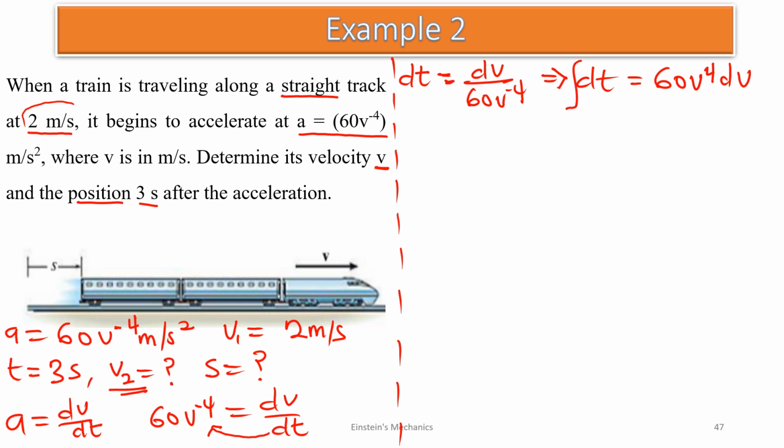Time is from 0 to t, and here velocity is going to be starting from initial velocity, which was 2, right, to a certain final velocity v that we don't know. So I'm going to interchange the position of the t and send it to the right hand side and bring this one such that my analysis is going to be easier.